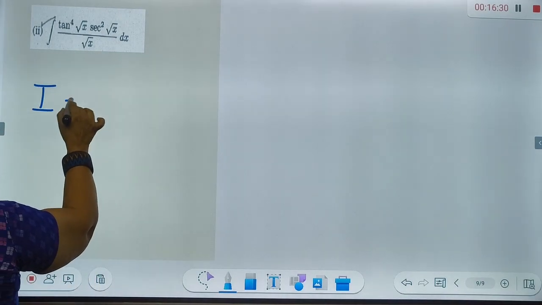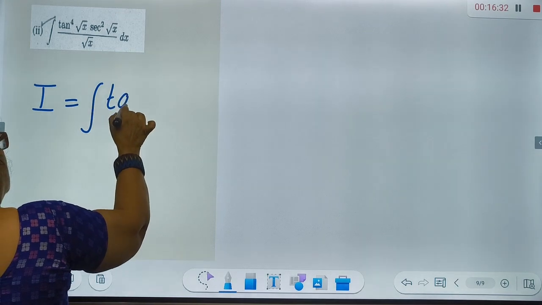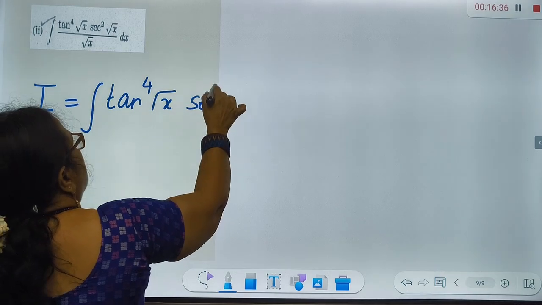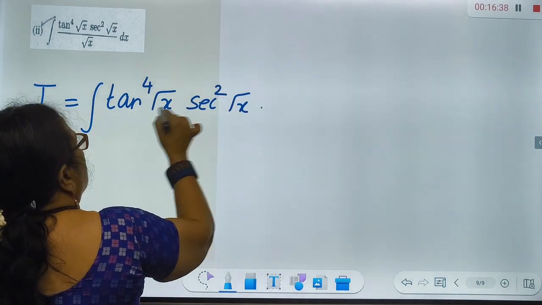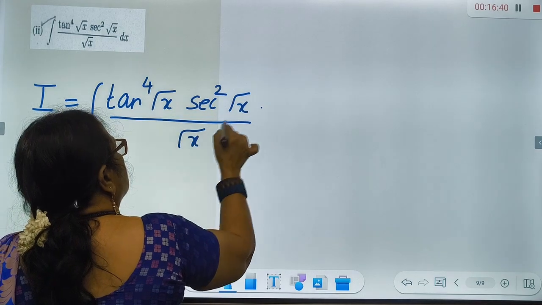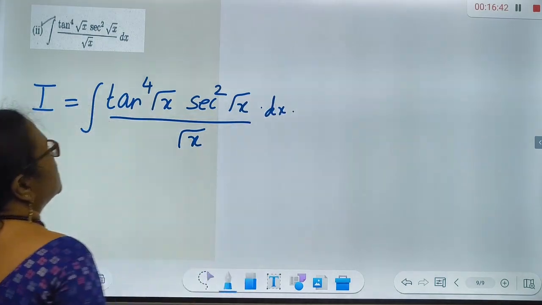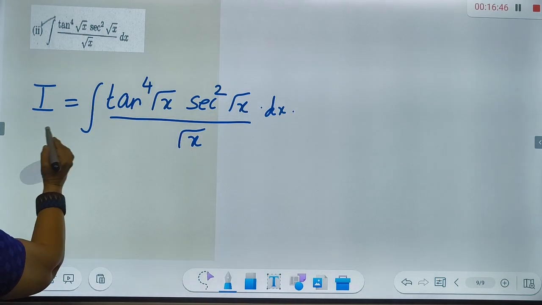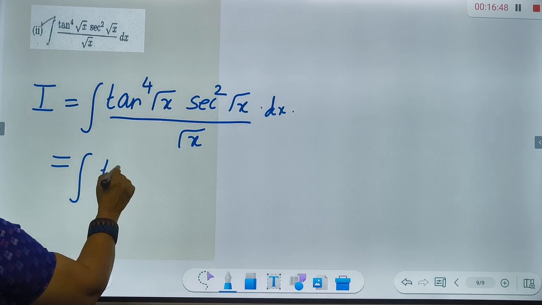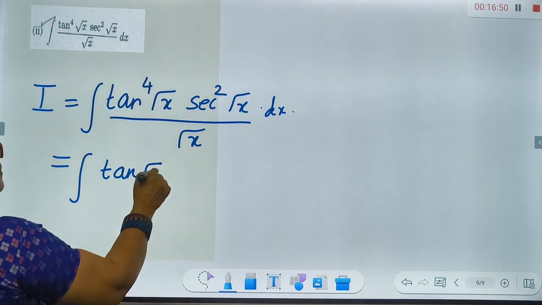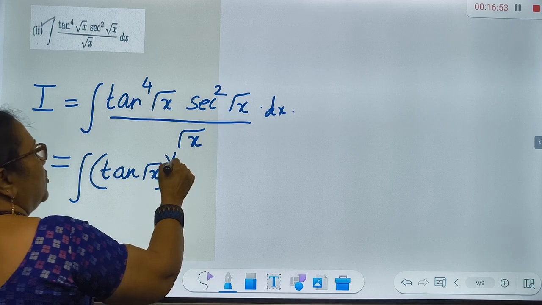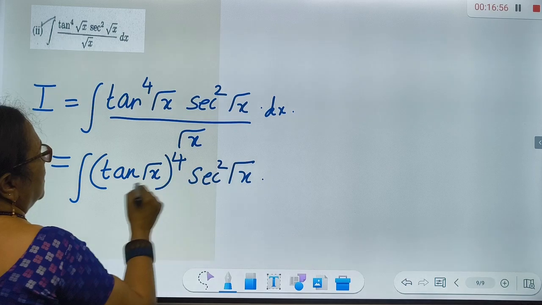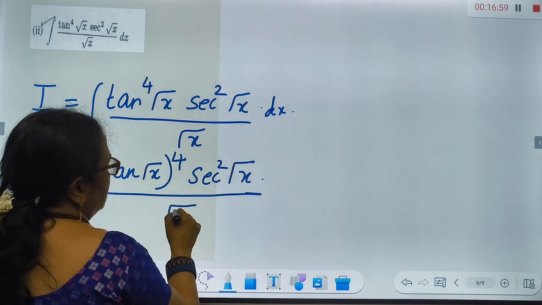Now I equals the integral of tan power 4 root x into secant square root x by root x. I know the derivative of tan x is secant square x, right? So first I will rewrite this as tan root x the whole power 4 into secant square root x by root x dx.